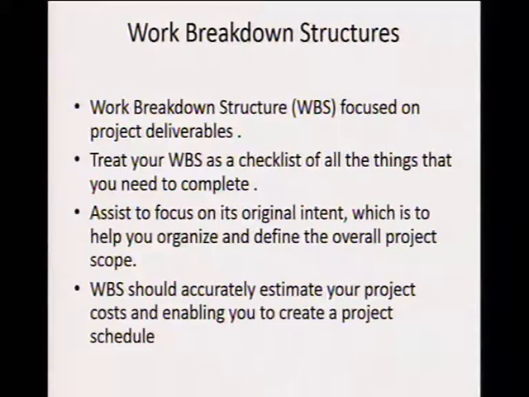The other tool that you can use in project management is the work breakdown structure. The work breakdown structure is actually looking at the deliverables of a project. It's actually a list of things that you have to do.